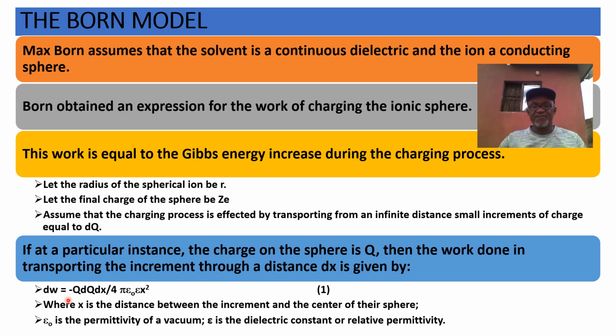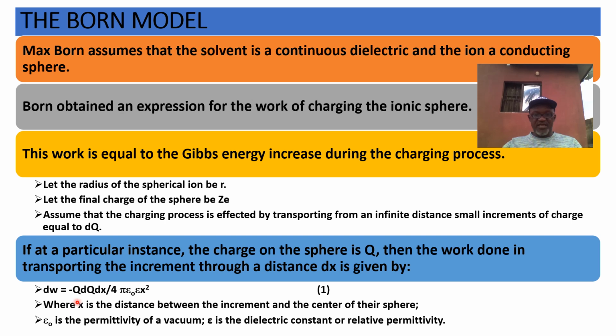In fact, this is an example of inverse square law. If you look at this, we are seeing q dq dx over x squared. The whole of this 1 over 4 pi epsilon 0 is a constant. So we're saying that the change in the work done is directly proportional to the charge and inversely proportional to the square of the distance. That is Newton's law of gravitation.